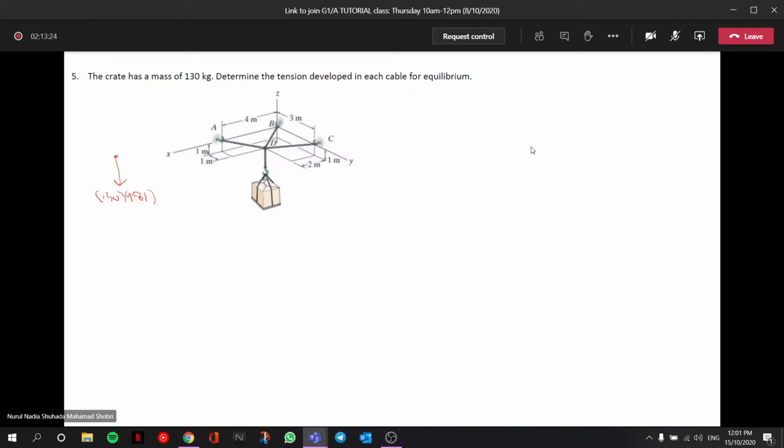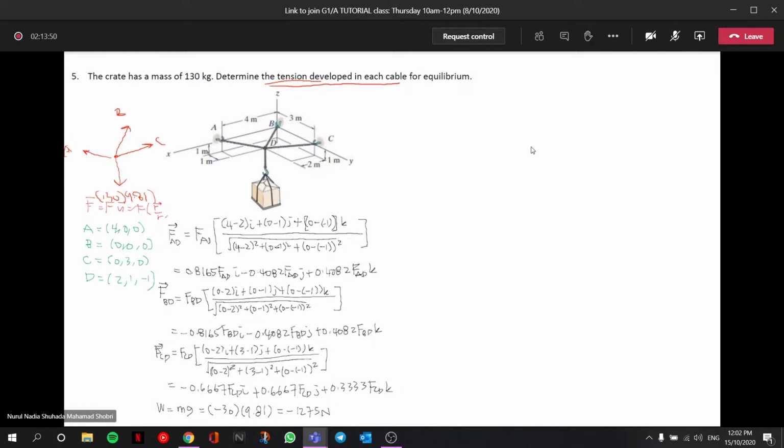It wants us to determine the tension developed in each cable. So we have 3 tensions. To find the tensions FA, FB, and FC, we use the formula.